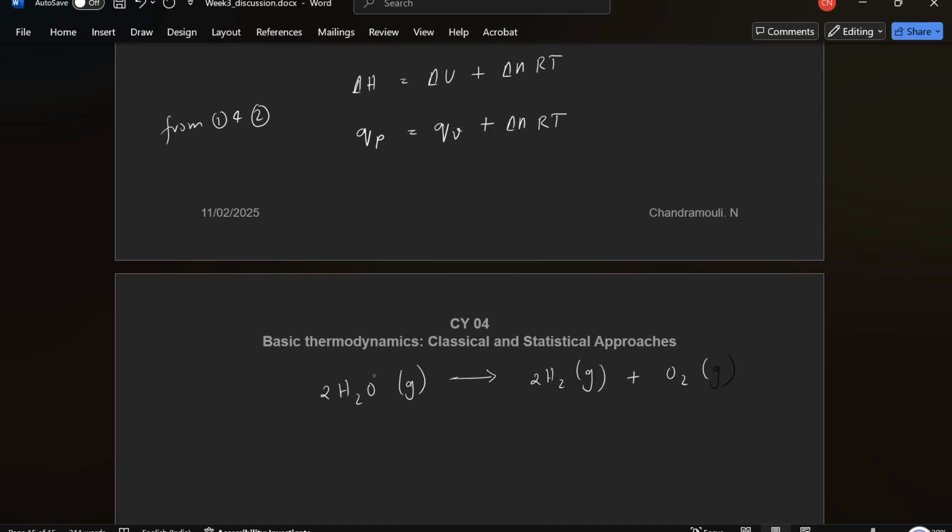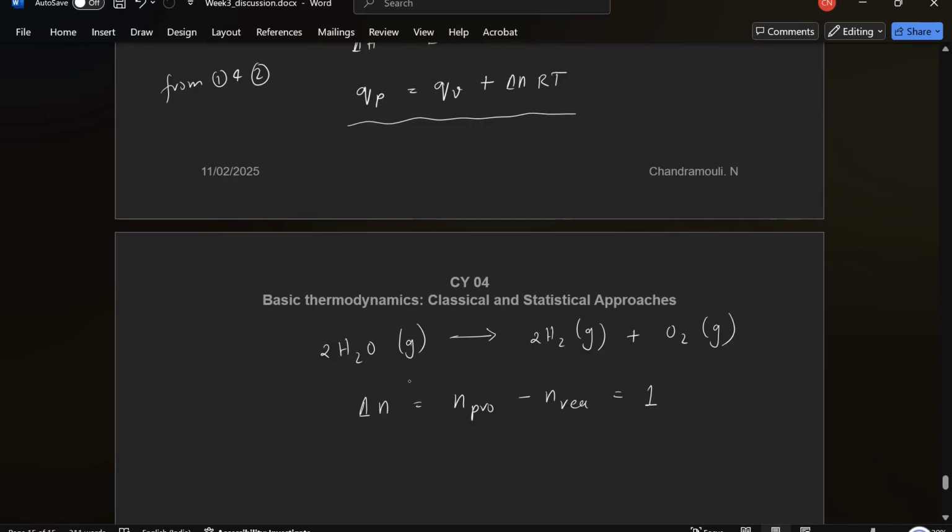So between reactants and products, we need to find the delta n of this reaction. Delta n is equal to the number of moles of products minus the number of moles of reactants, which in this equation is equal to 1. So it's a straightforward answer after that.